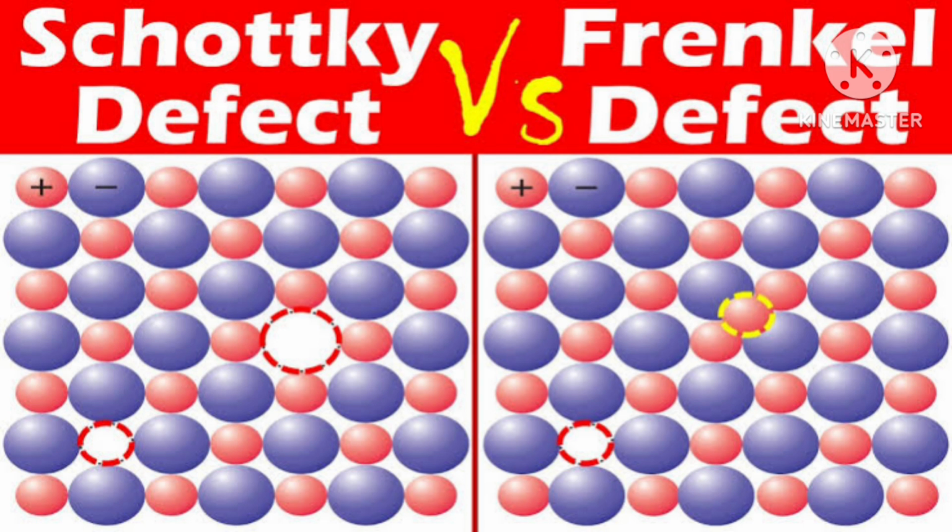If cadmium chloride is present in silver chloride, then there also an impurity defect will arise.